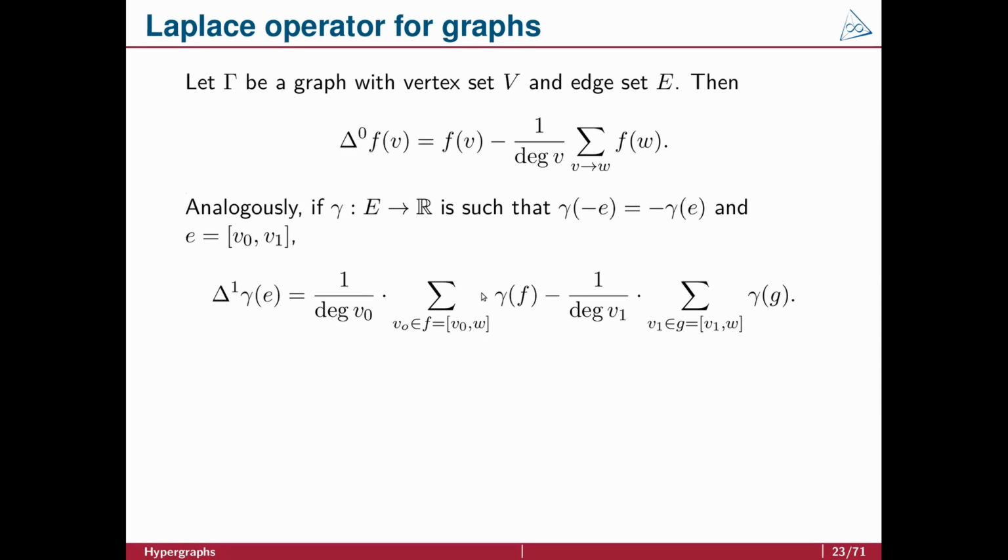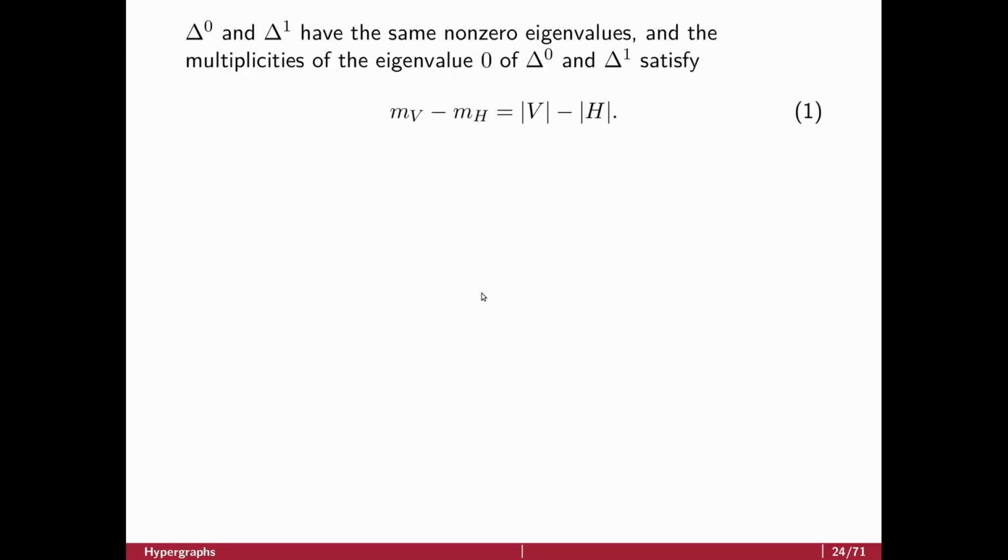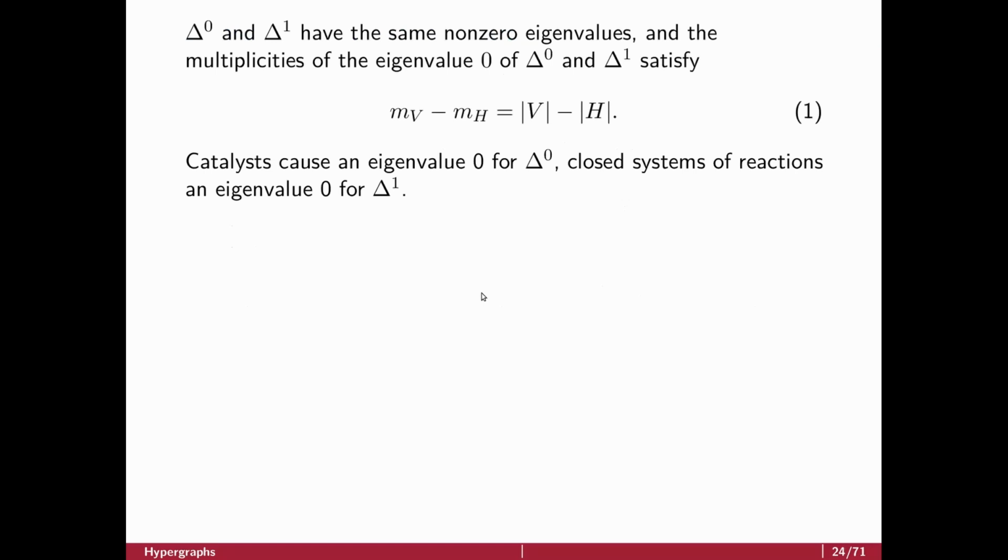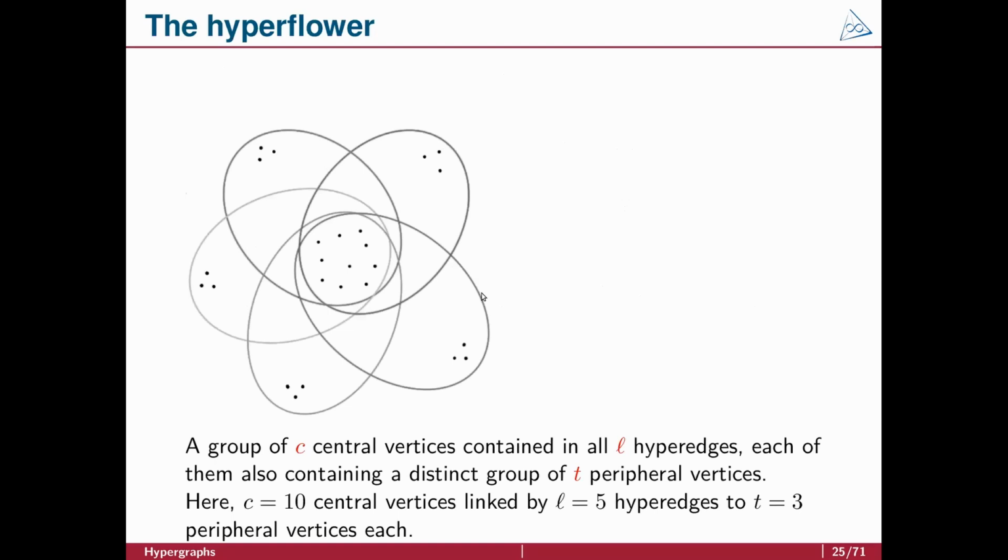So f of v can be +1 and f of w can be -1 for all the neighbors, and then you get the eigenvalue 2. For graphs that are non-bipartite, you cannot have the eigenvalue 2, and for non-bipartite graphs, all eigenvalues are smaller than 2. So, again, not only the eigenvalue 0, but also the largest eigenvalues give you some information about the structure.